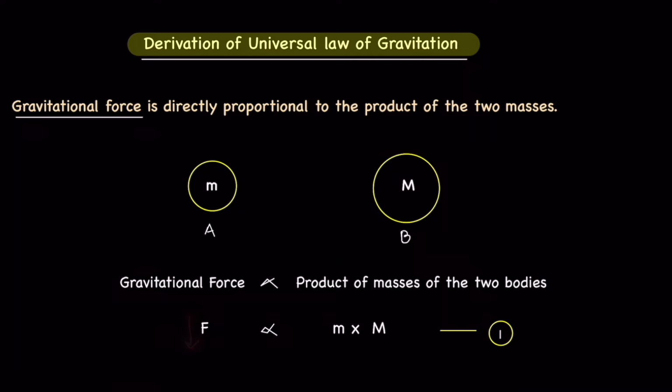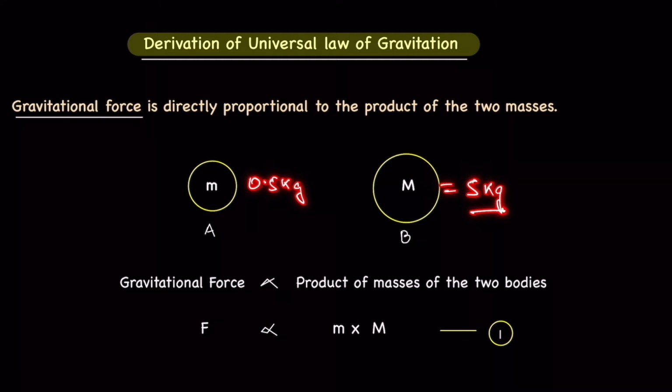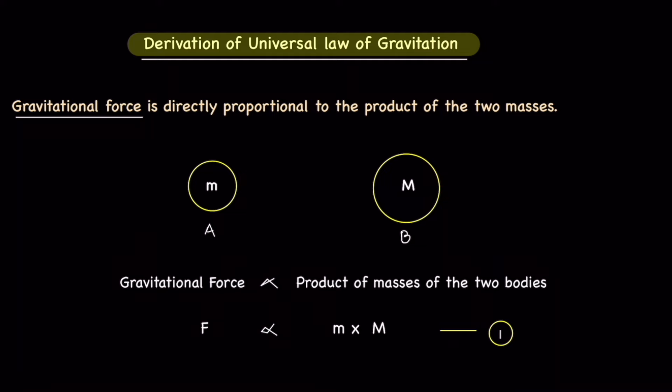Suppose initially small m was 1 kg and capital M was 10 kg. Now if the masses change to 0.5 kg and 5 kg, the mass is now reduced. So in this case, the force will reduce. The more the product of the masses, the more the force of attraction.